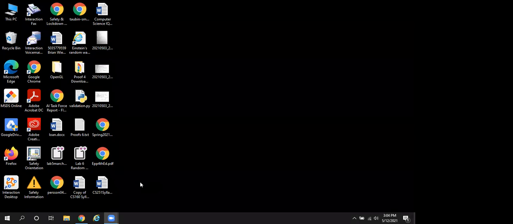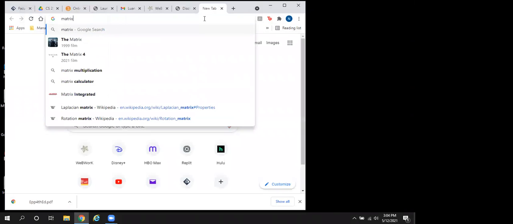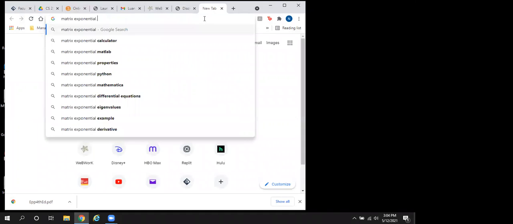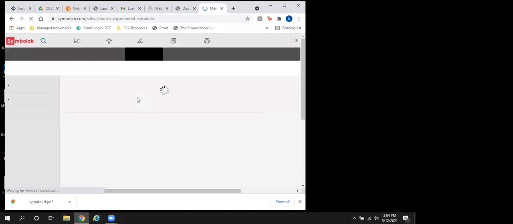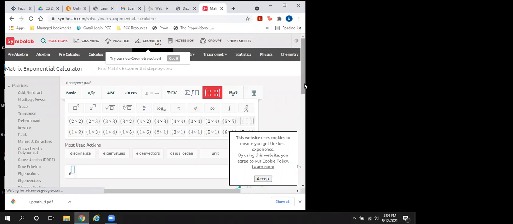And let's cheat. I was thinking about doing it by hand, but it's going to take way too long and be super boring. So I'm going to find a website that'll do this for me. Let's see if I can find one. There we go.